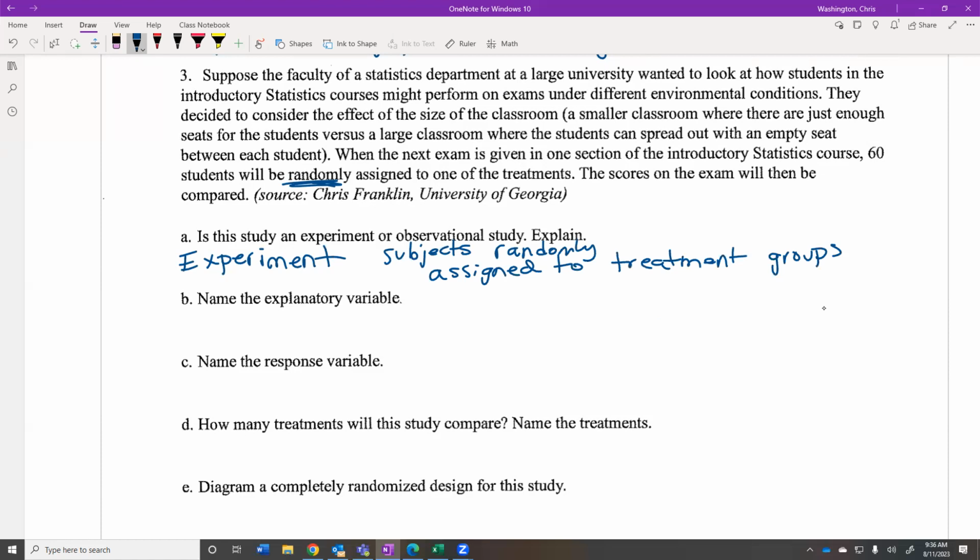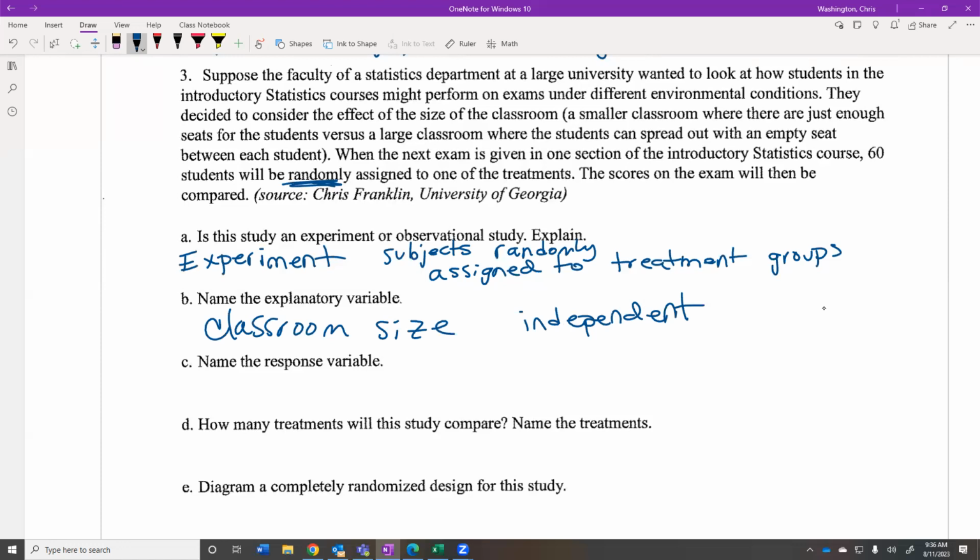The explanatory variable is what we're changing. So what are we changing with the two groups here? The size of the classroom, so classroom size. You could also call this, maybe in your science class, the independent variable.